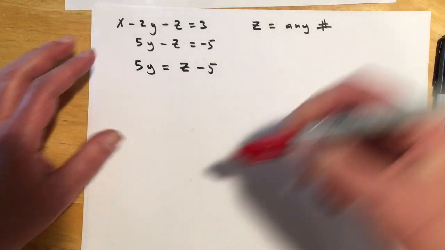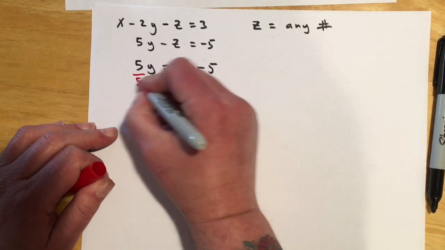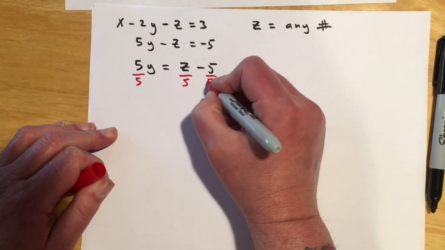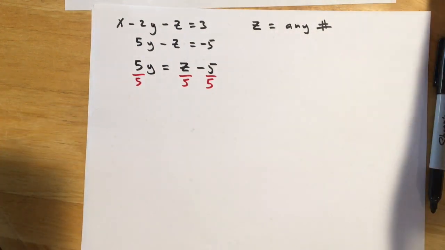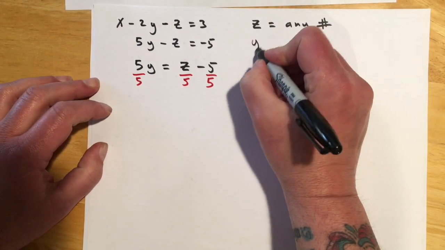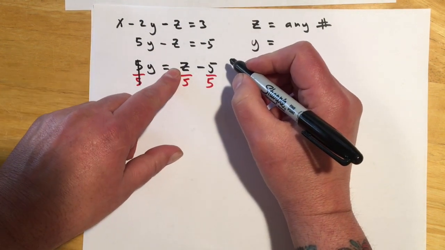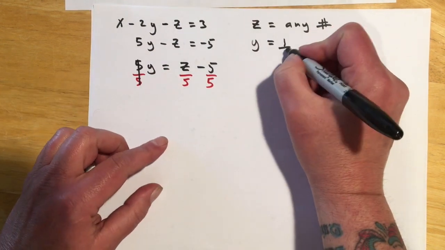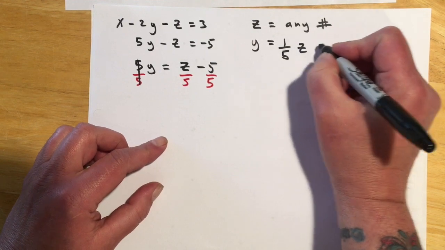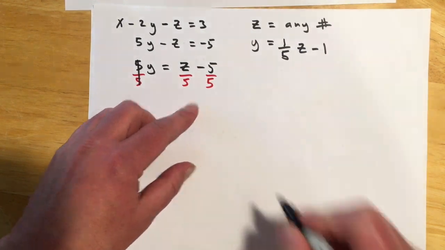And then we divide the 5 out everywhere. So then that's going to get me y equals, those cancel, so I'll write that as 1/5 z rather than z over 5, minus 1.